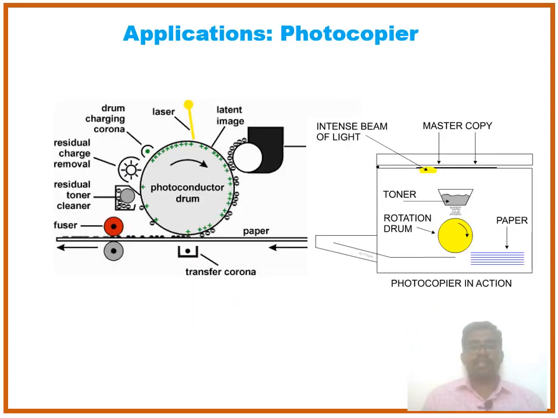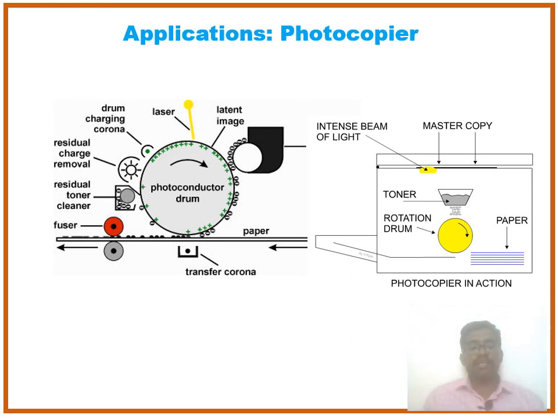Now let me show how the photocopier works based on the electrostatic interaction between two charged particles. Here we can see the schematic of the photocopier. The main parts are the light, toner, paper, master copy and a rotating drum. This rotating drum is specially designed because it is coated with a photoconductive material.